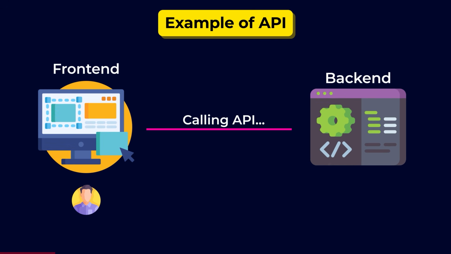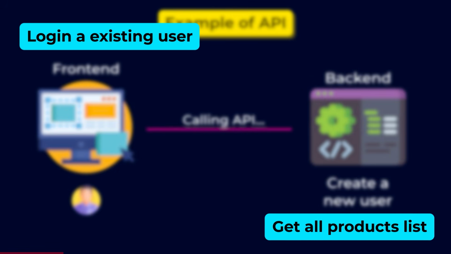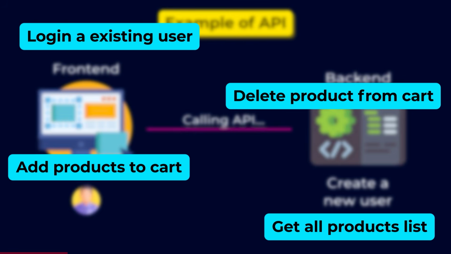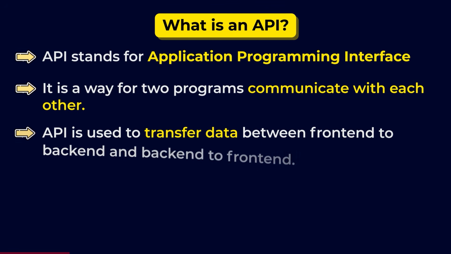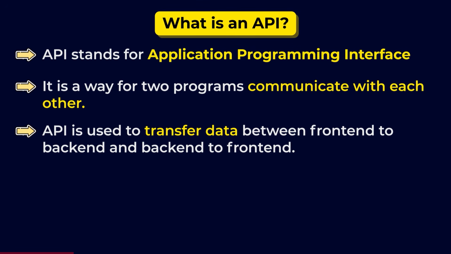And in the backend, we create a new user. Like this, we can create many APIs for logging in the existing user, getting the list of all products, adding products to the cart, deleting products from the cart, etc. In simple words, an API is used to transfer data from frontend to backend and backend to frontend. We already know that, right?